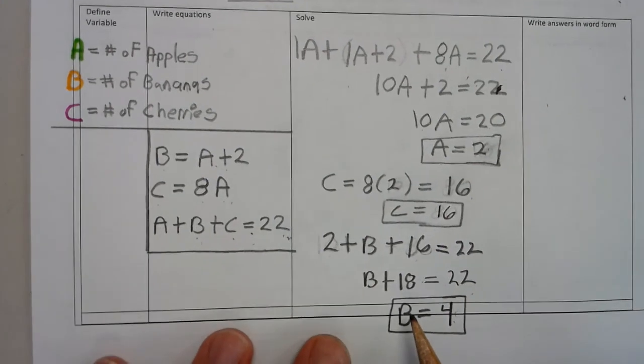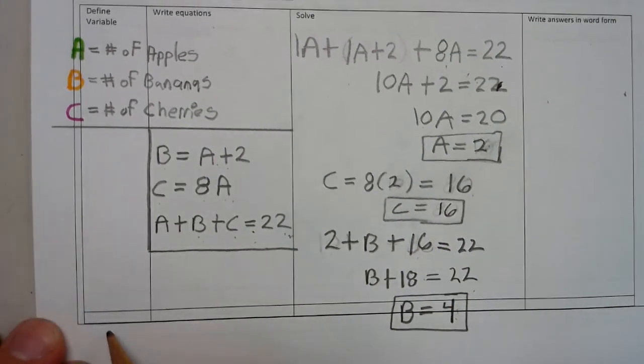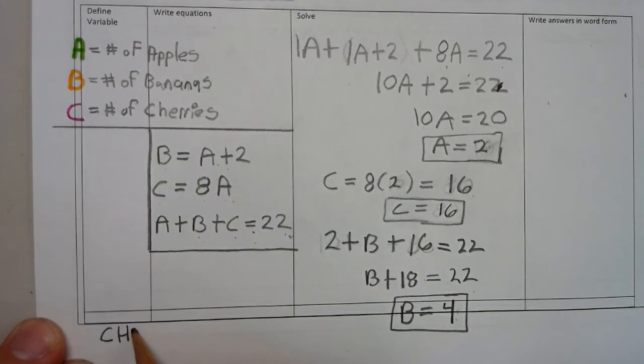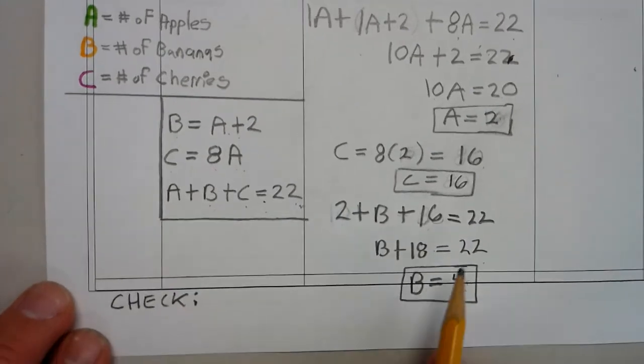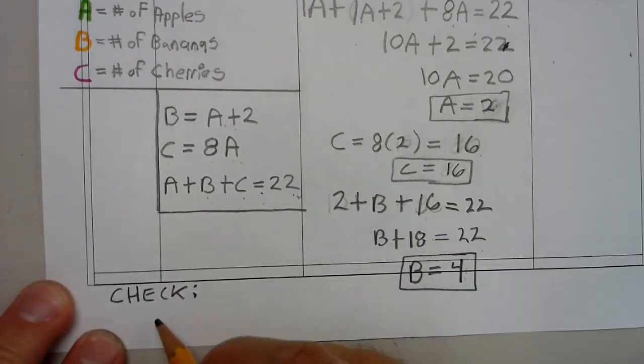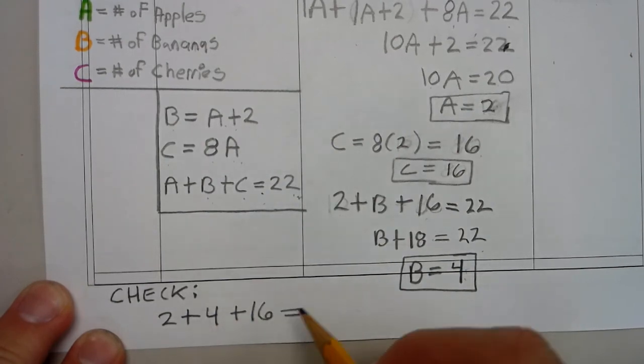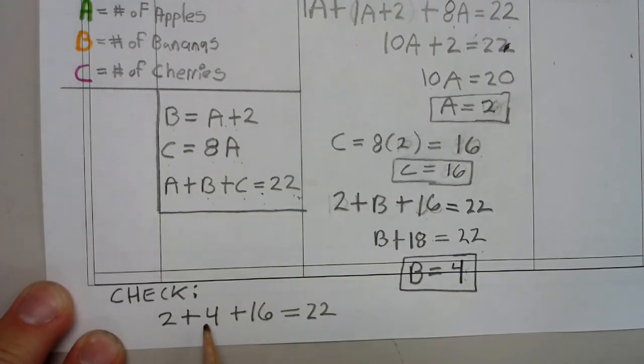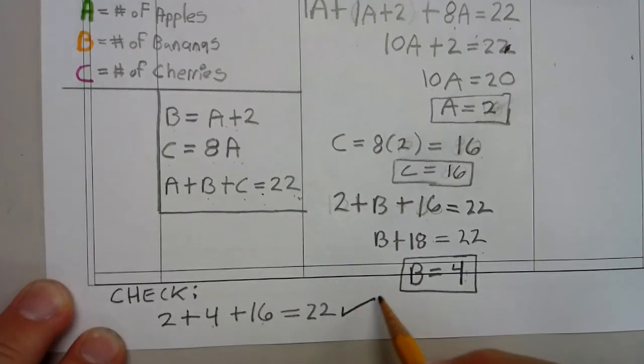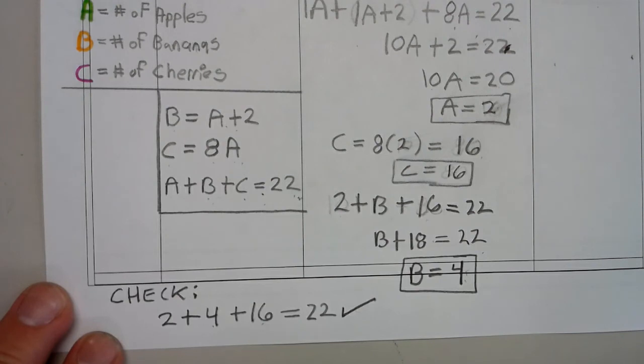So it's a good idea to go back and check. So to check, we have apples is 2 plus bananas are 4 plus cherries are 16 equals 22. Well, 4 plus 16 is 20, add 2, this checks, so our answer is correct.